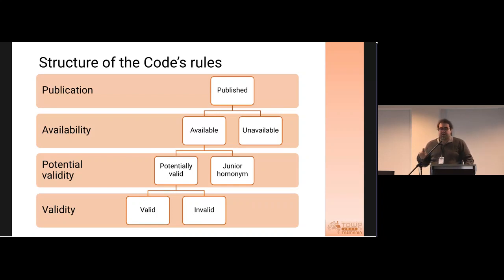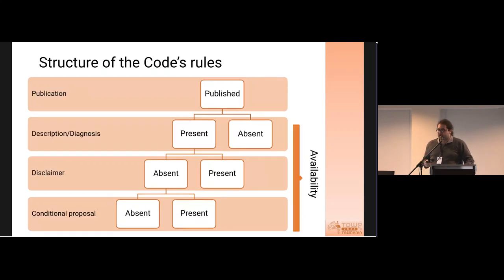That structure looks like a decision tree, and we can find it again in every step of the rules. For example, if we look inside the availability of a name, there are some elements, such as the presence or absence of a description or diagnosis for a name that is currently introduced. It has to be accompanied by a description or diagnosis to be available.